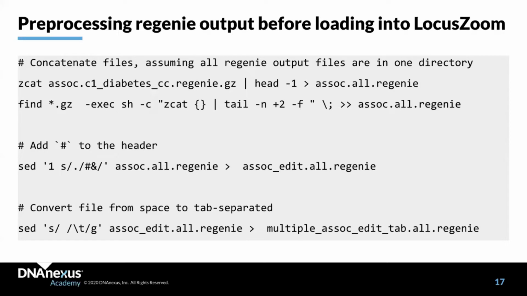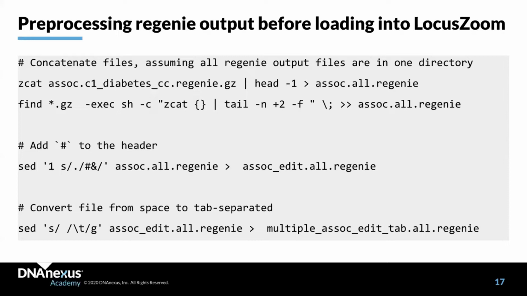And when you get the slides, you can go there and check these files. We're assuming that you started your JupyterLab instance and downloaded the whole directory containing the output of the Regenie GWAS analysis into one directory. These are our assumptions.